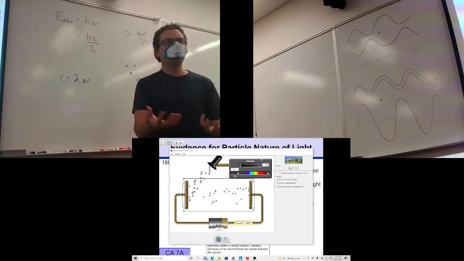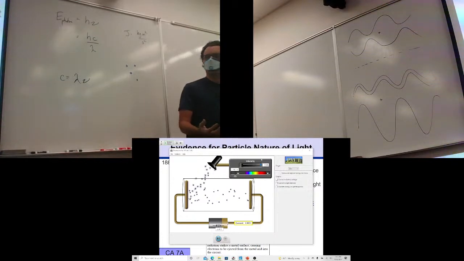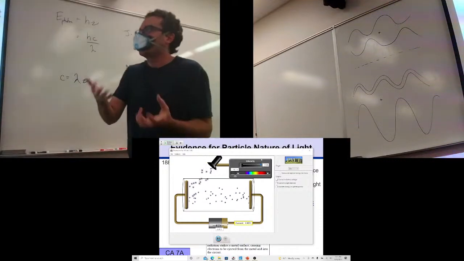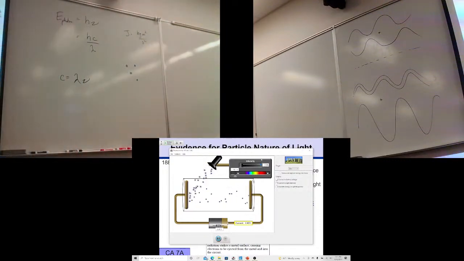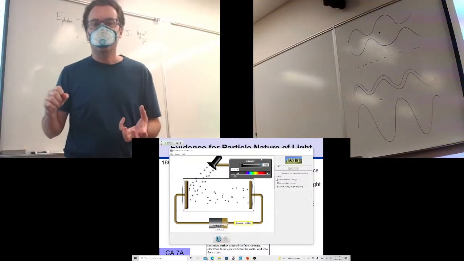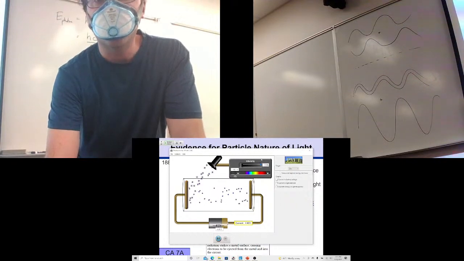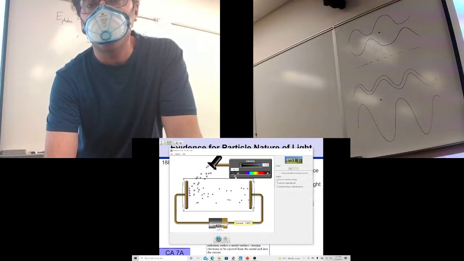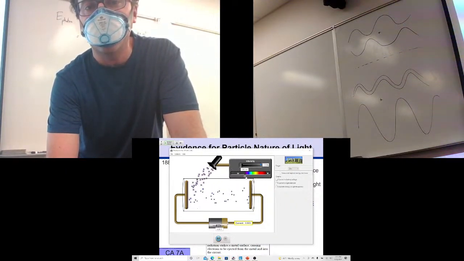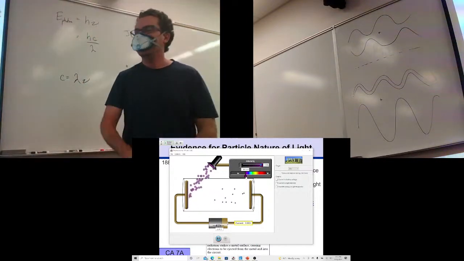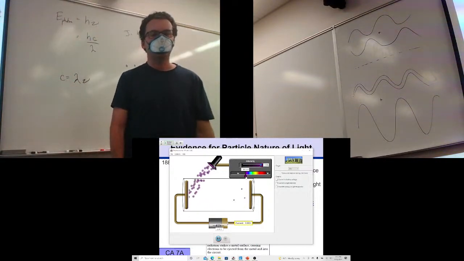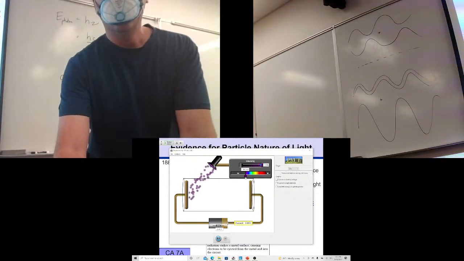So the intensity just tells you how many photons you're hitting it with. And the more photons, the more likely an electron is going to come out of that piece of metal. But whether it's bright or dim, if the wavelength is not the right energy, then no electrons will come out.